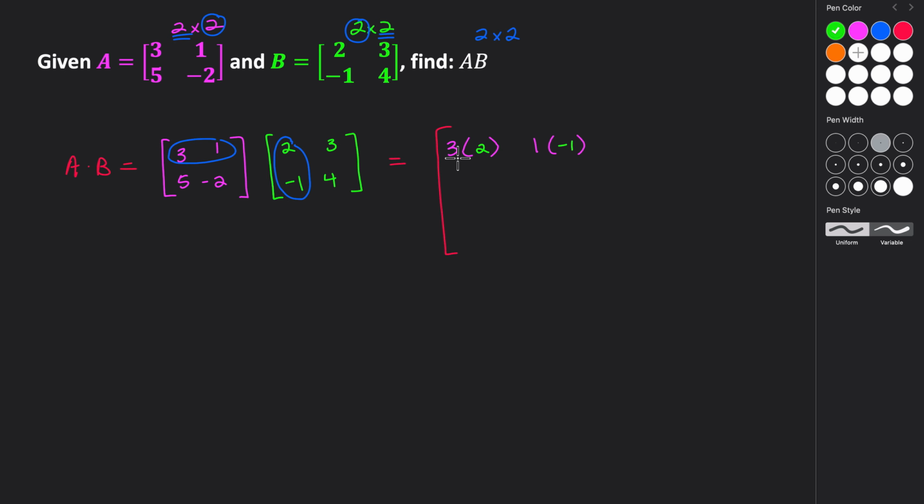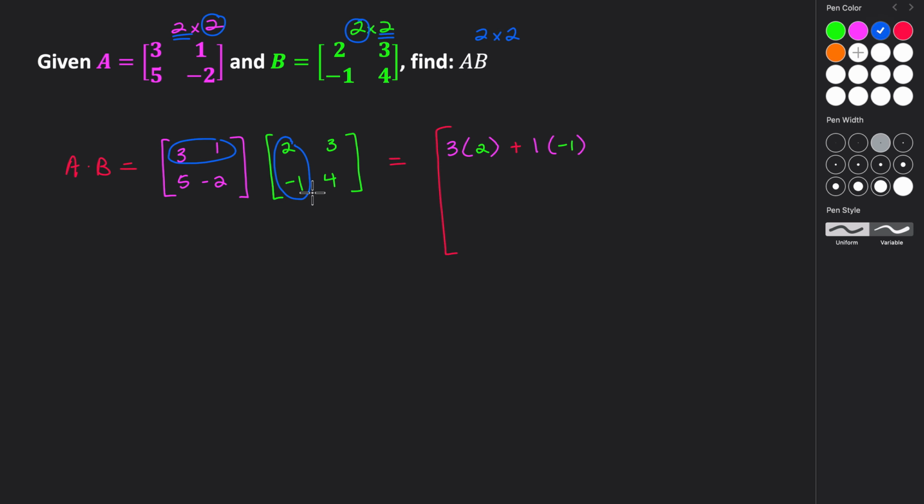To get this first element in our new matrix, all we do is add these. We take the sum of the products from multiplying the first row with the first column to get our first element in our new matrix.